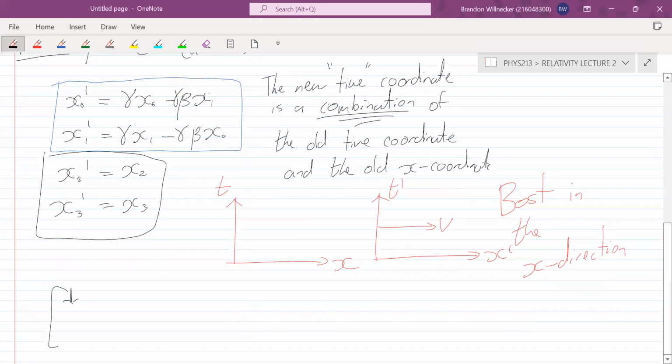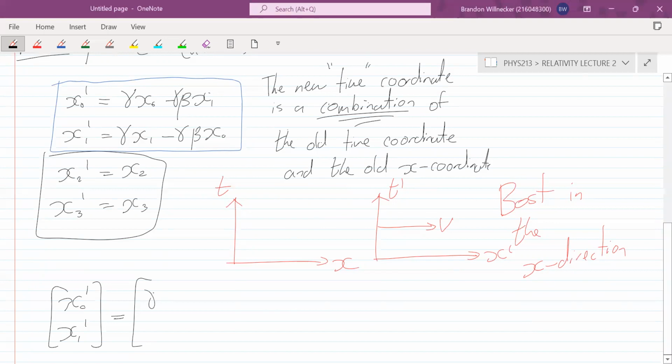So we're going to have x0 prime, x1 prime equal to the matrix that is doing this linear transformation. Just compare coefficients here.